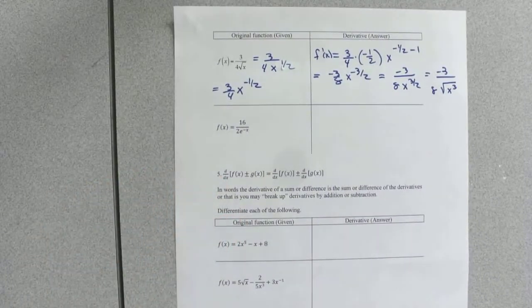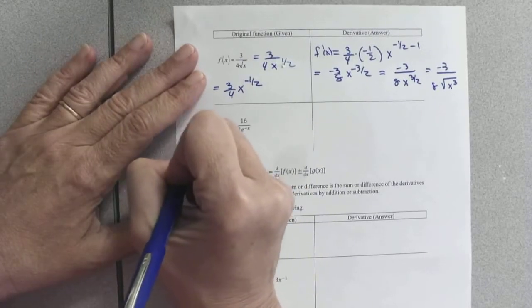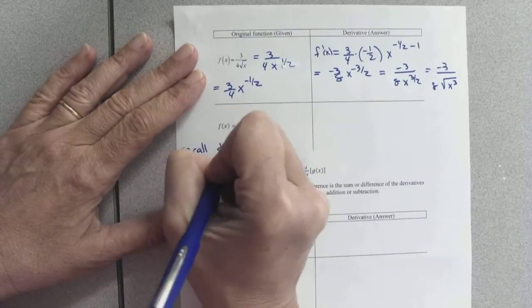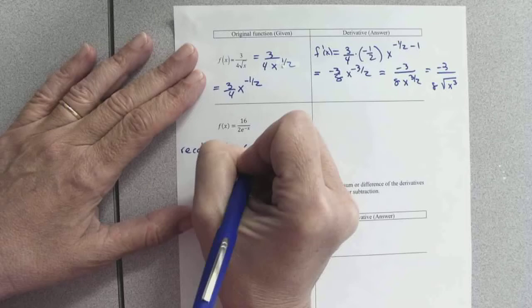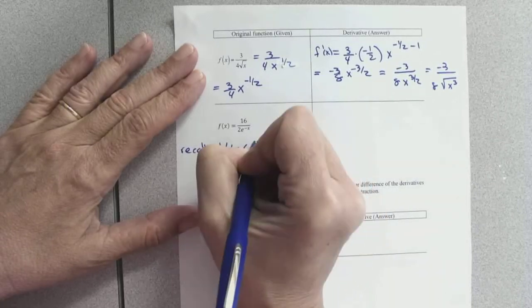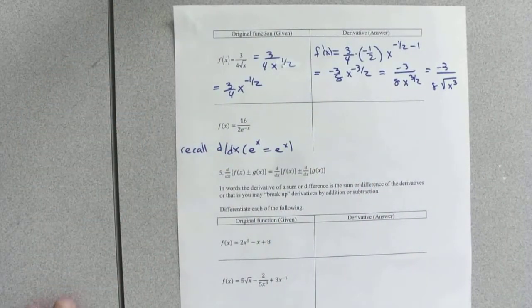Okay, last one before we get to a new rule. Again, let's recall something we already know, that the derivative of e to the x is e to the x, which is not what I quite have there. I have e to the negative x.